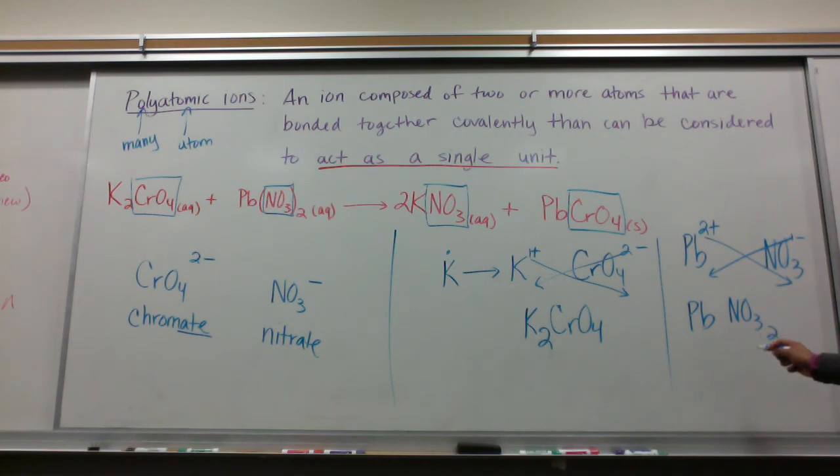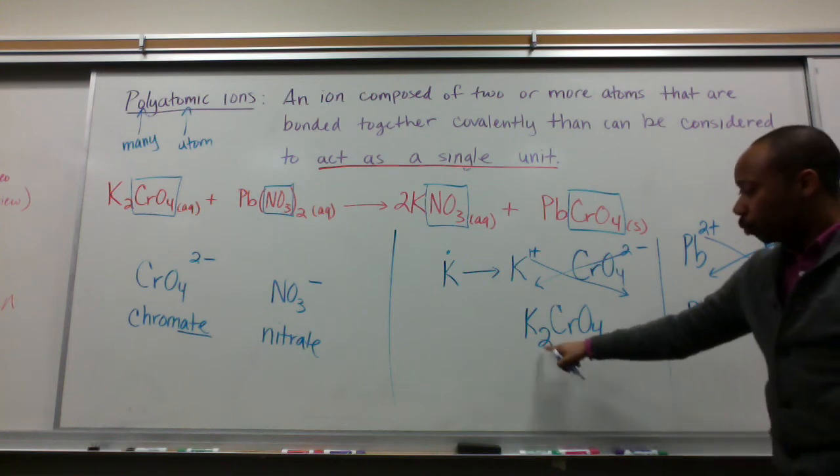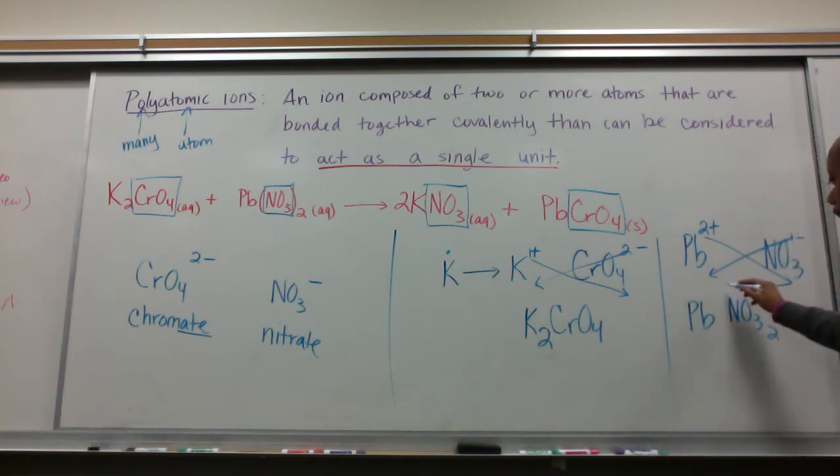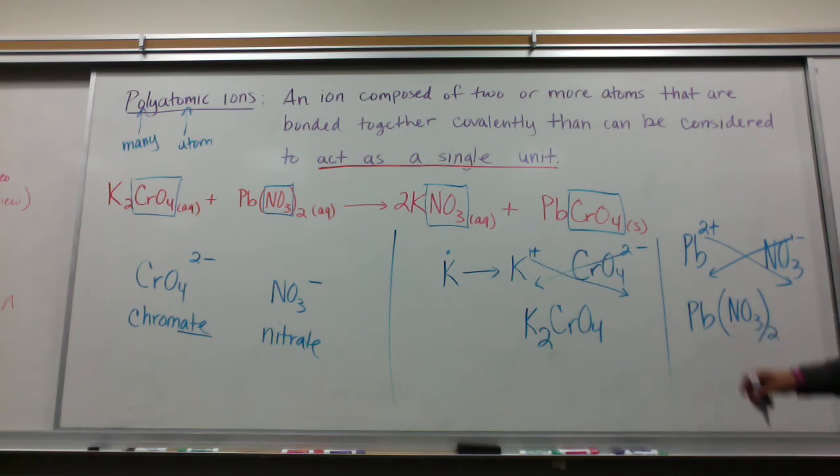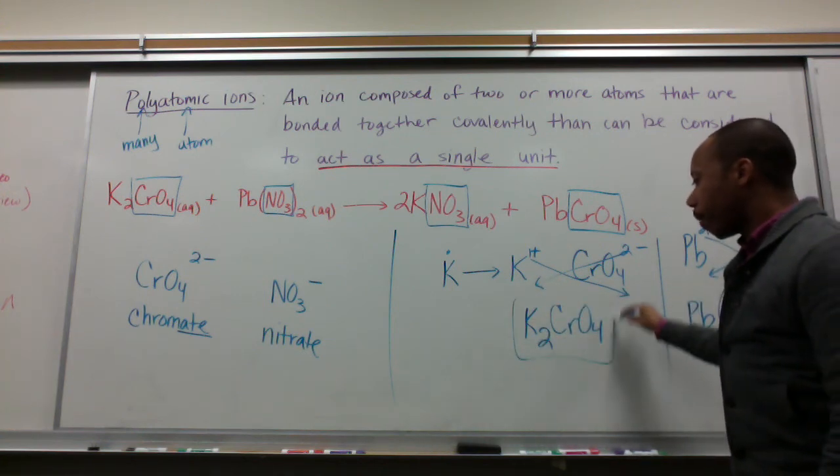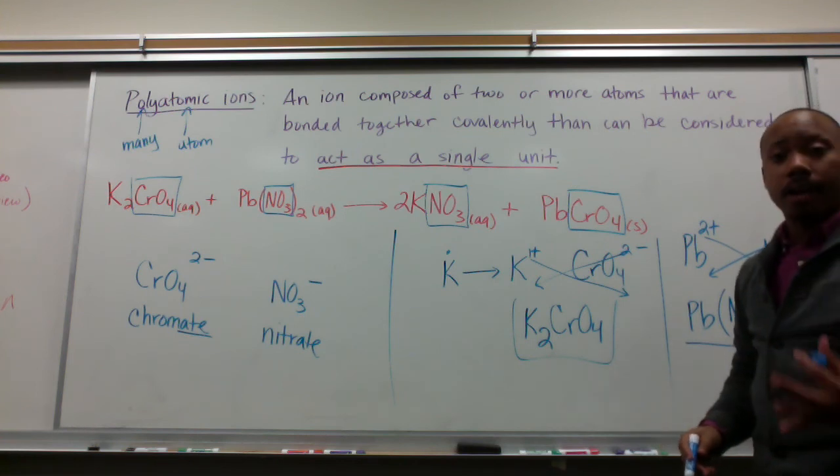Thus, in order to state that we want 2 NO3 groups, just like we stated over here that we wanted 2 potassiums, we put parentheses around it to signify that we're talking about 2 NO3 clusters. And that's how you would make ionic bonds and write ionic compounds using polyatomic ions.